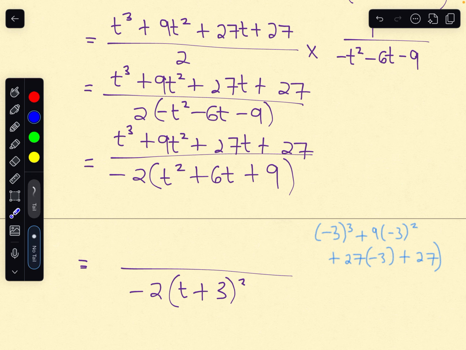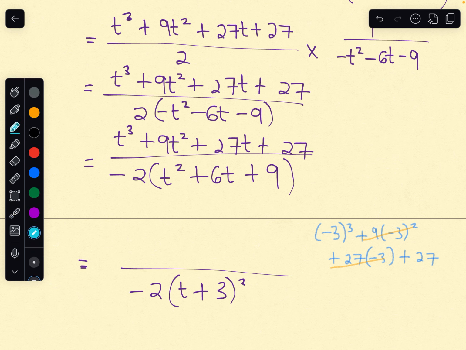So 9 times minus 3 squared, that's 81. 27 times minus 3 is minus 81. So these two are going to cancel each other out. And then similarly, minus 3 cubed is minus 27 plus 27. So these two also cancel out.